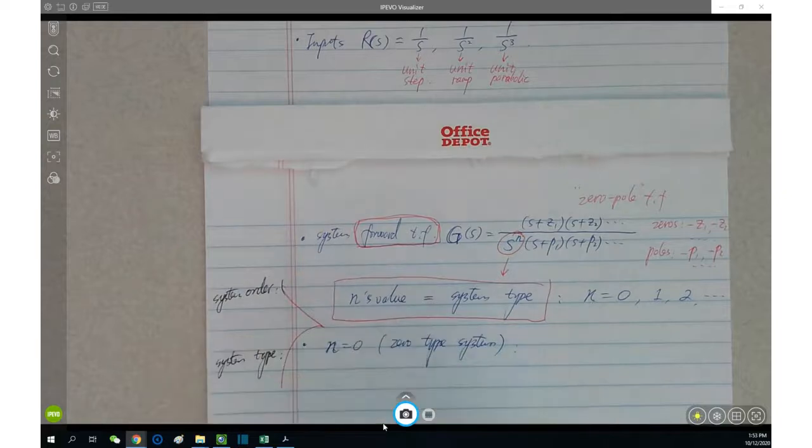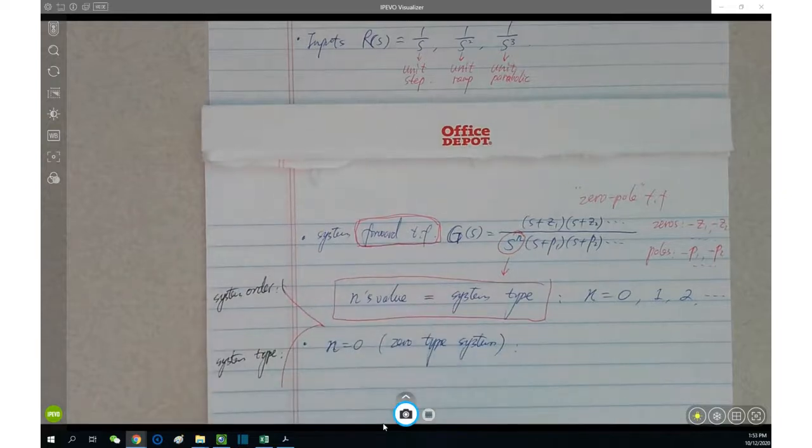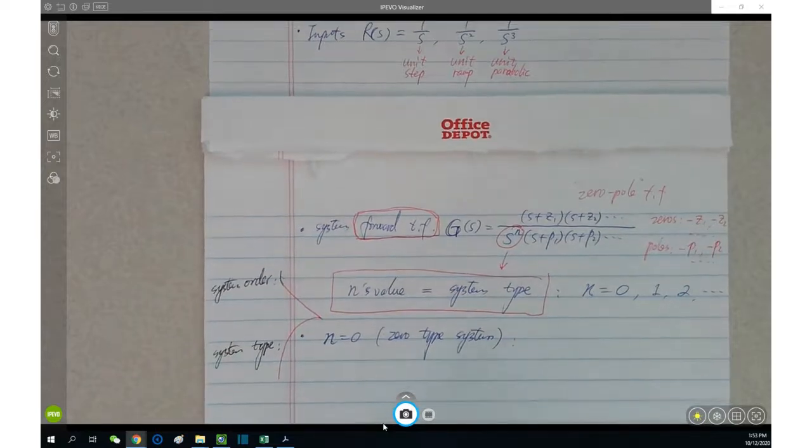What does it mean by system order? Anyone remember? First order system, second order system, right? We learned it in module 4. So what do they mean? How can we tell the system order?